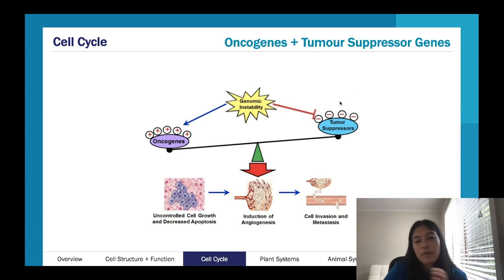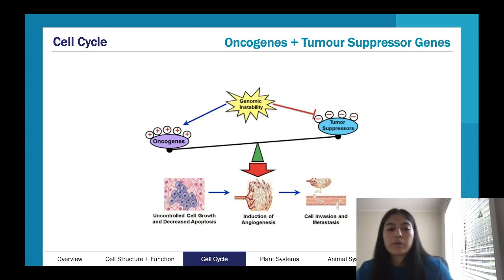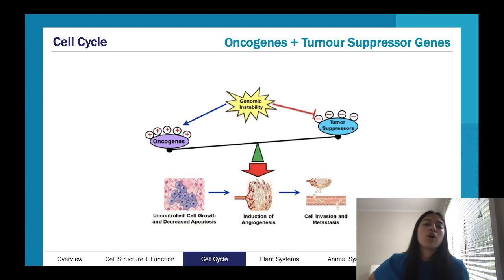So maybe I'll talk about our tumor suppressor genes first. As the name suggests, they suppress tumors. You may have heard this one called P53. It's probably the most famous and talked about one, because it's the one that is often dodgy when we think about cancer.